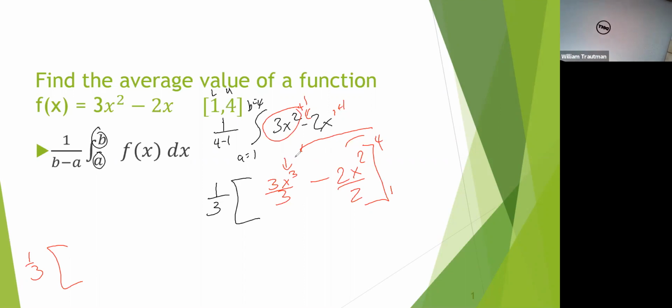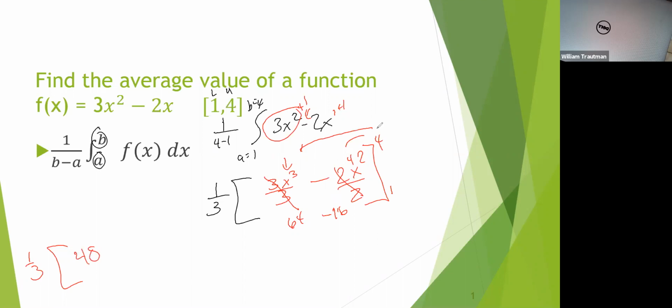3 times 4 to the third power. Oh, the 3's cancel, by the way. You can just do 4 to the third power, and I get 64. Then the 2's cancel, and 4 to the second power, 4 times 4, is 16. 64 minus 16 gives 48.